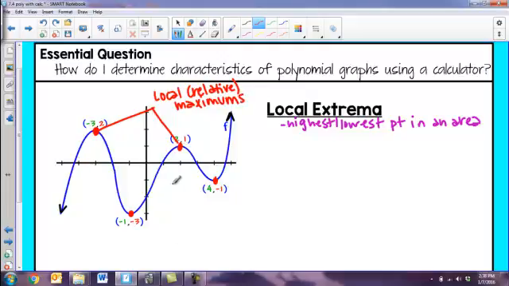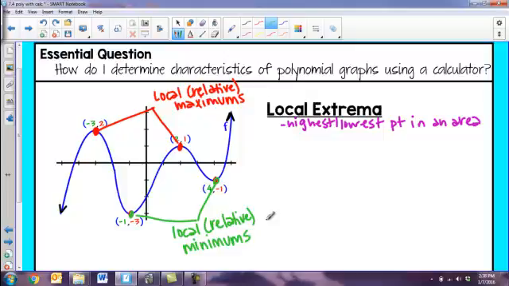So those two are local or relative maximums, whereas these two guys down here are going to be local or relative minimums. Okay, so that's a pretty basic concept. You're just looking for where those topmost points are. It's not the topmost point of the graph, but it's the topmost point of an area.